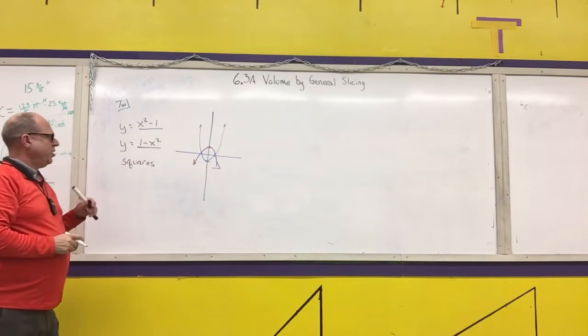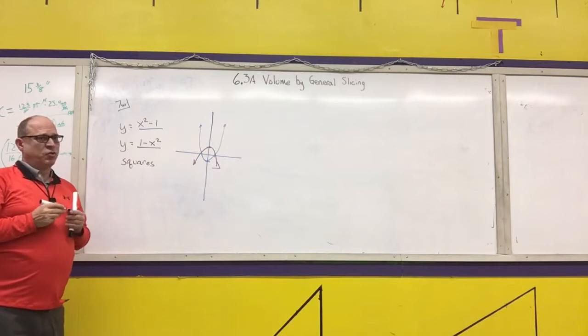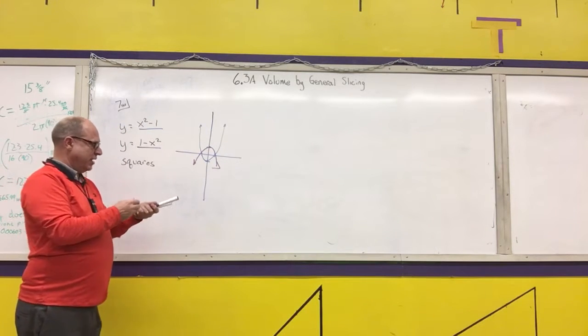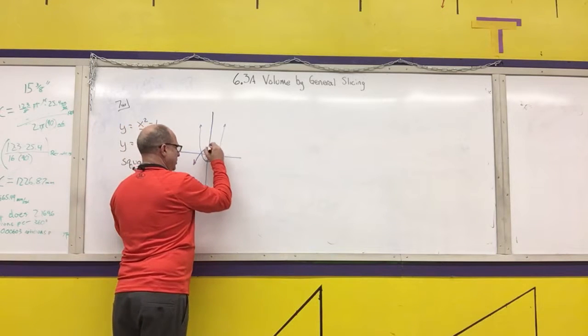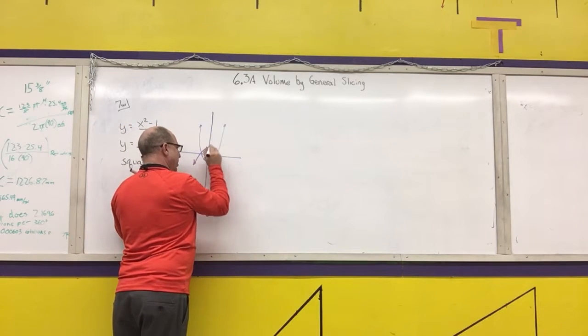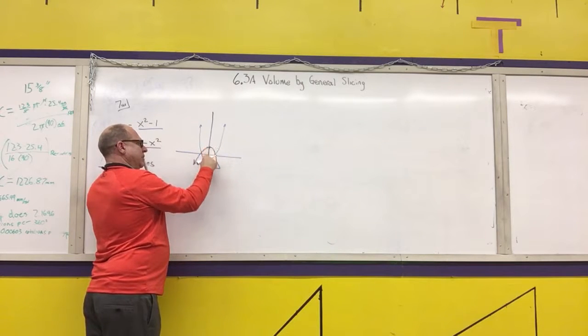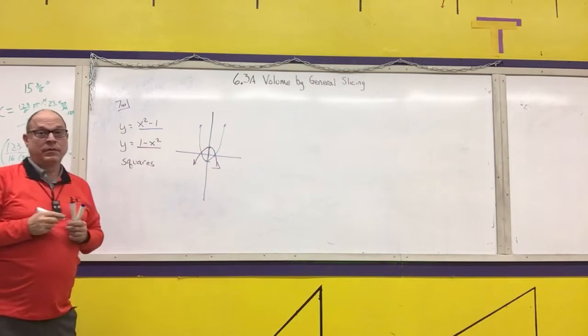And I'm going to use cross-sectional areas of squares. So basically what I'm saying here is that inside, in between these two curves, I want to make a square that comes out of the board that has this for its side length.